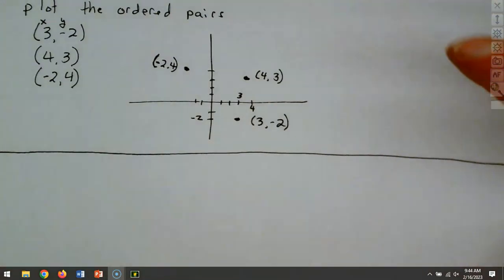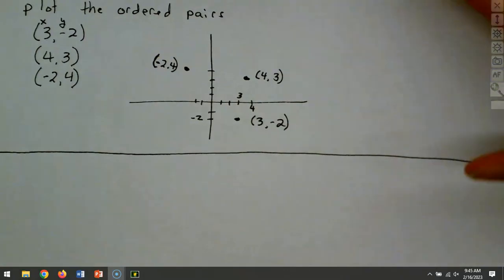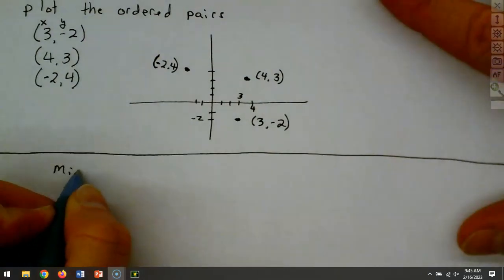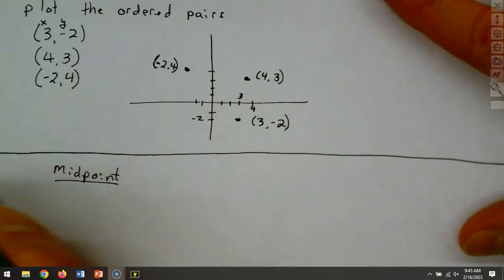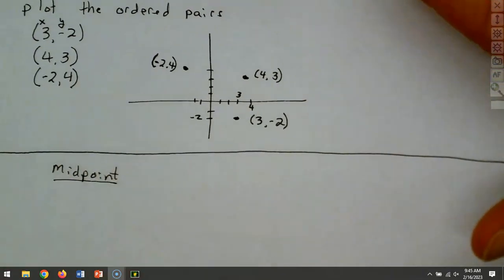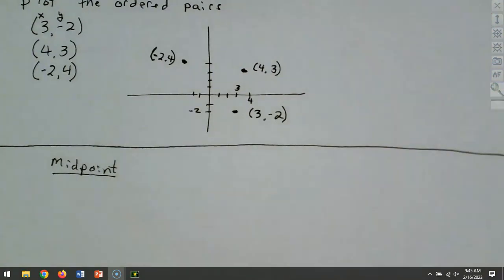When we have ordered pairs, we can also find the midpoint. So we're going to be learning how to find the midpoint. In college algebra, you'll learn about the midpoint, and you'll also learn about the distance formula.